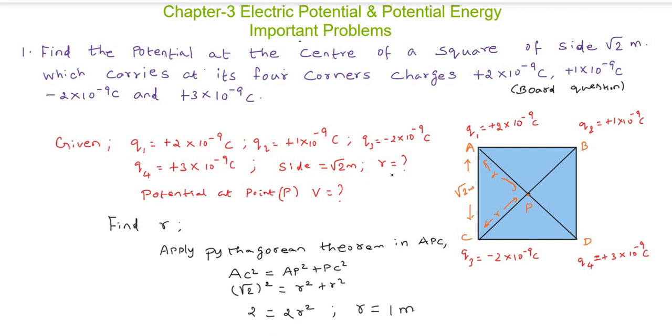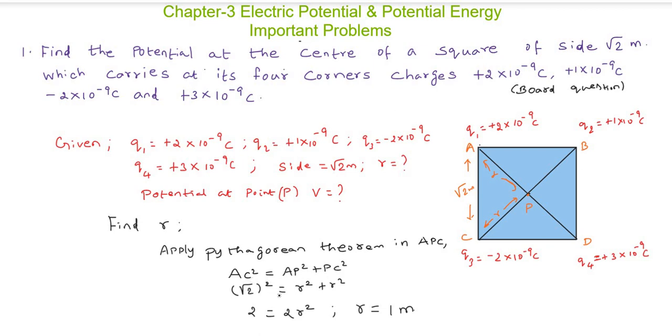So R equal to what? Potential V equal to what? Find V and R. First find R. Apply the Pythagorean theorem in triangle A, P, C. AC squared equal to AP squared plus PC squared. AC equal to root 2.